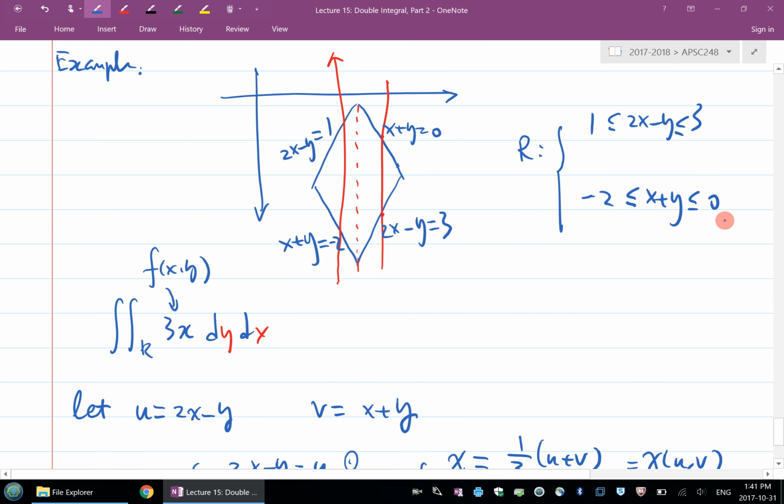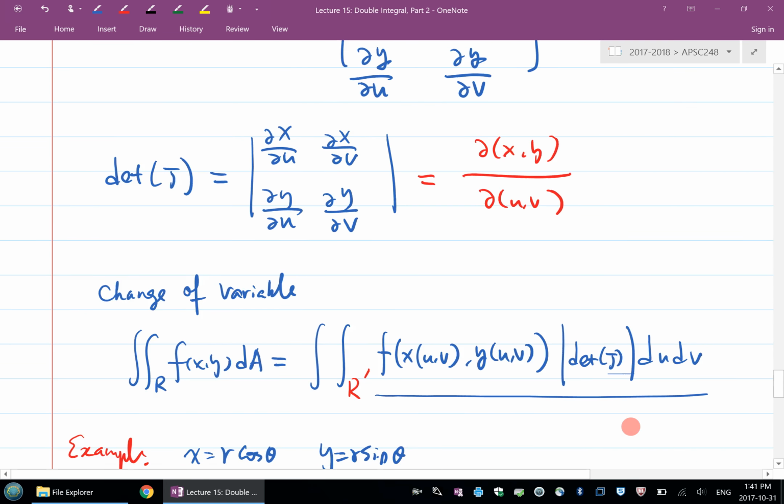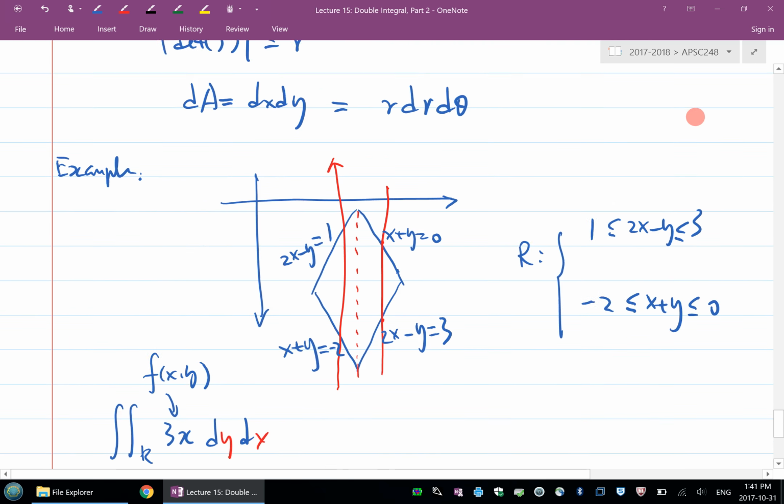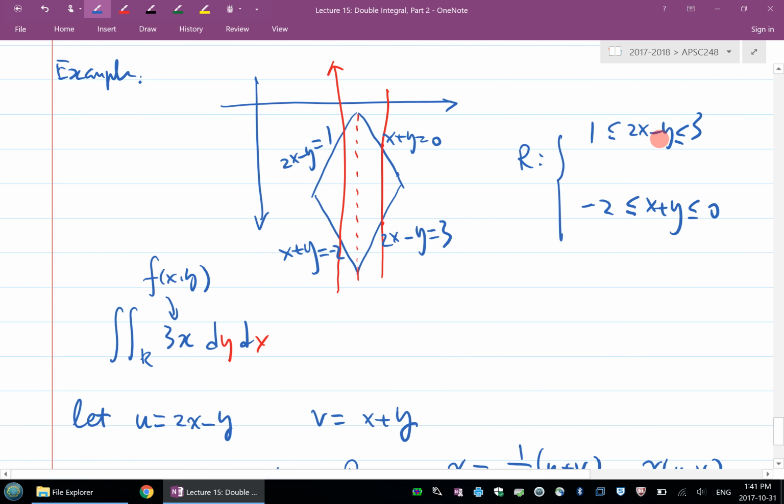So the whole point here is, your original region R, in this case a diamond, after the change of variable becomes a different region R prime, sketched in the UV coordinate system. If I choose u and v here, can you sketch R prime in the UV coordinate system? It's a rectangle, right?